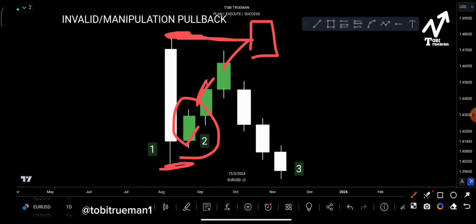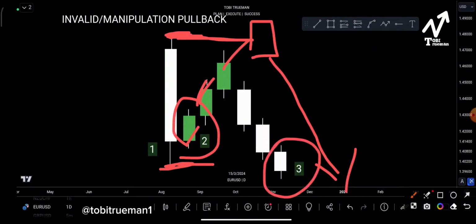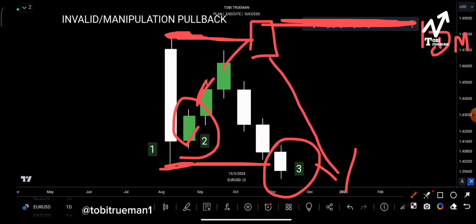But then we will anticipate price to do what? To come and give us candle 3 and close below candle 1, thereby making this high point a valid pullback, and then we can use it for inducement. Okay, but that did not happen.